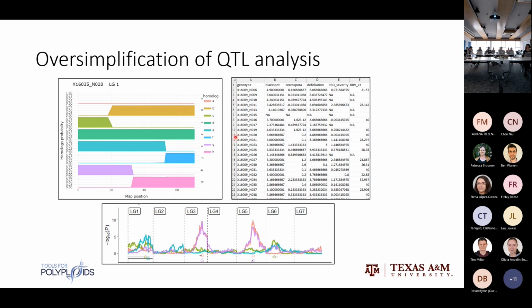It takes that and then takes your phenotype files, and if we simplify it, it basically does some sort of regression to see which homolog is responsible for the QTLs. That's a very big oversimplification.